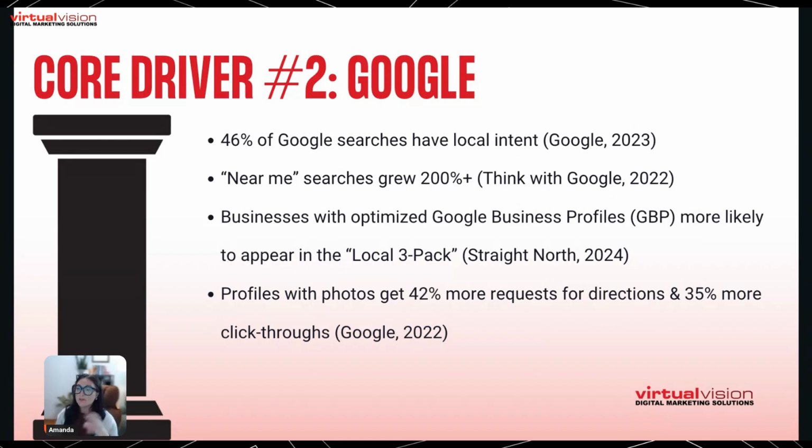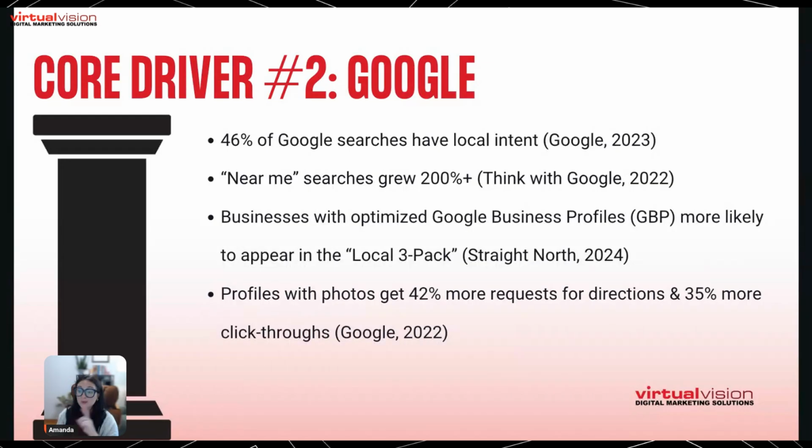Businesses that optimized their Google Business Profile, or GBP as it's usually called, are more likely to appear in the local 3-pack than those who just set up the profile and let it go, or whose profile isn't complete or isn't active. If you haven't done that, you're very likely missing out on qualified leads.